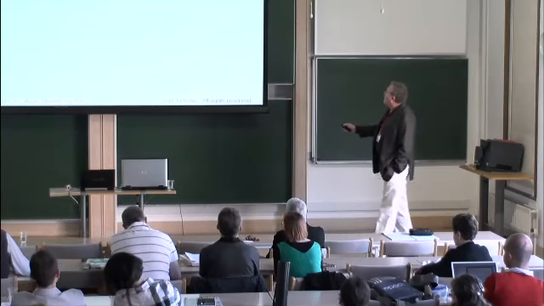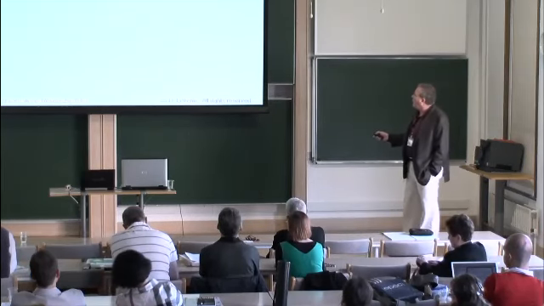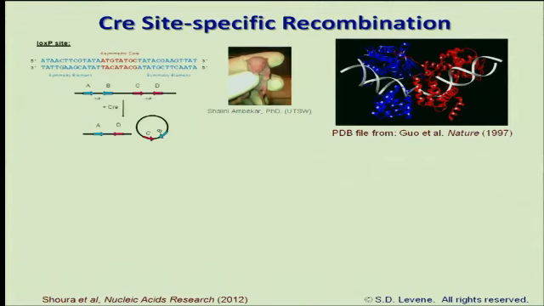Cre is one of a class, a very large class in fact, of site-specific recombinases called tyrosine recombinases. And that's because the protein relies on a catalytic tyrosine to carry out strand cleavage. This is the sequence of the recognition site or target site for Cre recombinase, a pair of 13 base pair inverted repeats that flank an 8 base pair asymmetric sequence.